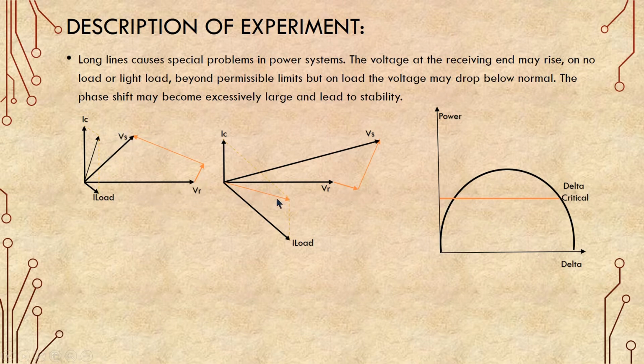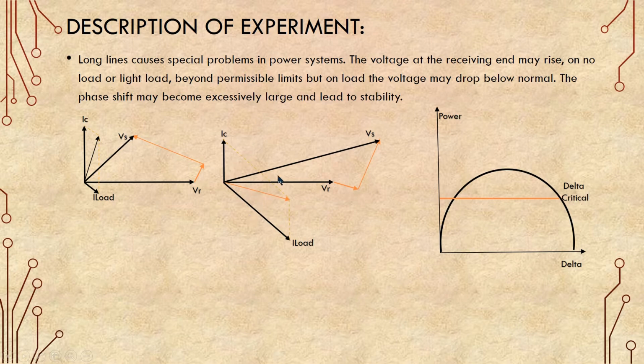Similarly, the other way, if it is heavily loaded, as you can see, the magnitude of the load current is more, but the charging current will remain the same. So with the same capacitive current and a high magnitude of load current, if we draw the resultant current, it will be lagging in nature, as you can see in the phasor diagram.